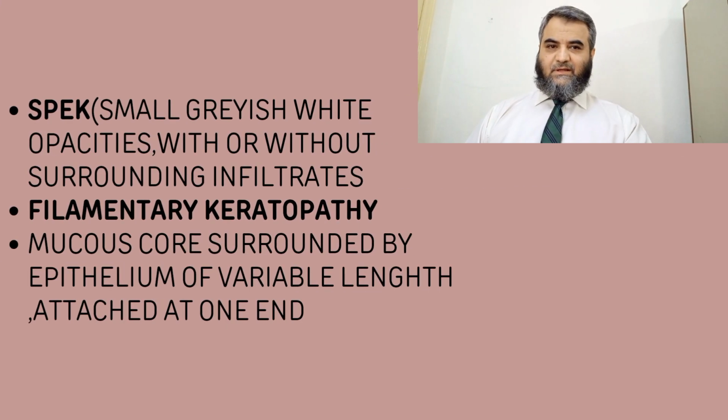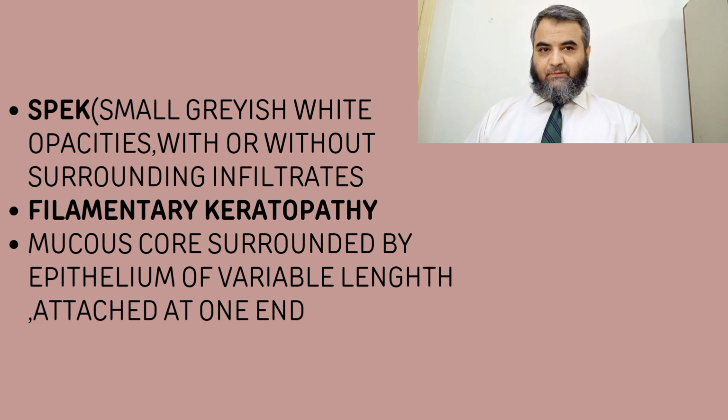So this is the disease I discussed, but it is also very important to differentiate it from other common entities, for example, superficial punctate epithelial keratitis. Superficial punctate epithelial keratitis usually presents as small grayish-white opacities with or without surrounding infiltrates.